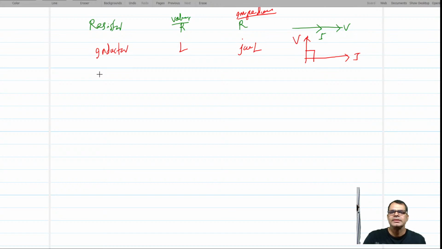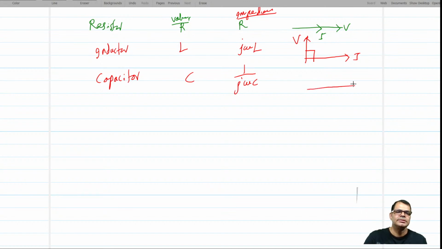Then the capacitor C, whose impedance in the AC environment is 1 upon j omega C: current and voltage are again out of phase, but with current leading the voltage.